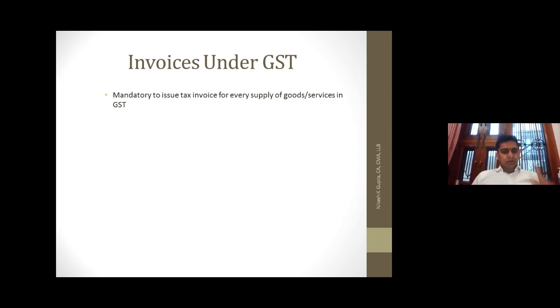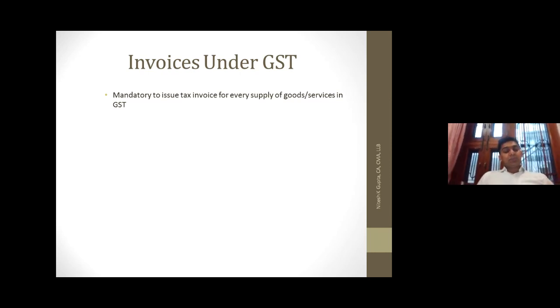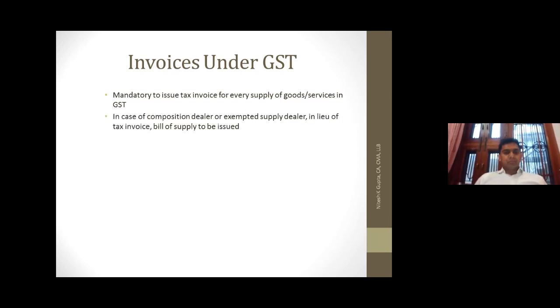Section 31 says, number one, it is mandatory to issue a tax invoice for every supply of goods or services in GST. So if you are registered in GST, then for every single supply, you have to issue a tax invoice. You cannot skip it. In case of a composition or exempted supply dealer, in lieu of a tax invoice, a bill of supply will be issued.